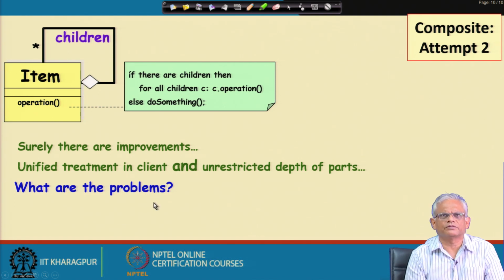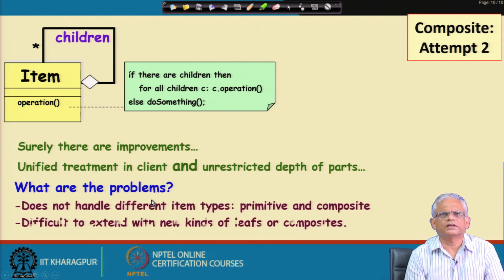But then what are the problems? The problems are that it does not handle different item types, different primitives and different types of composites. Difficult to extend.